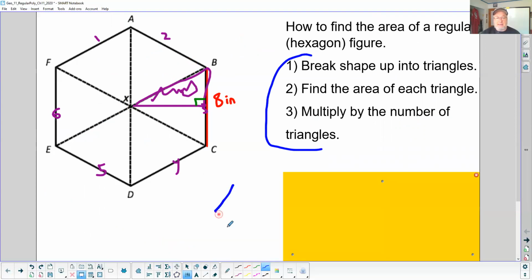If I did a pentagon like this, it would be the same kind of idea, except I'd be breaking it up into 5. That's how you do a regular shape here. It'd be 5 triangles, 1, 2, 3, 4, 5. And if it was an octagon, it would be 8, etc.